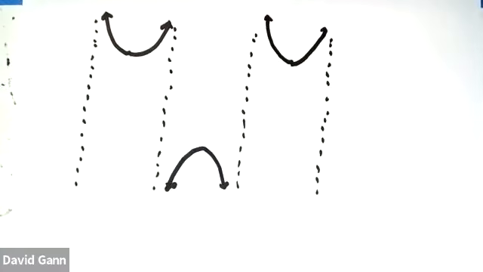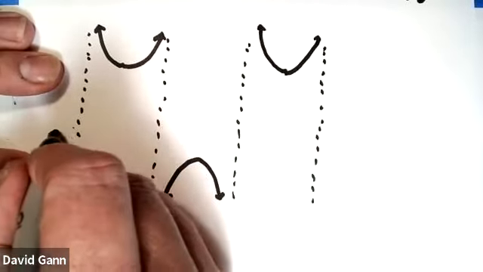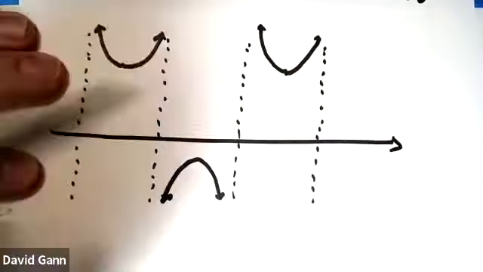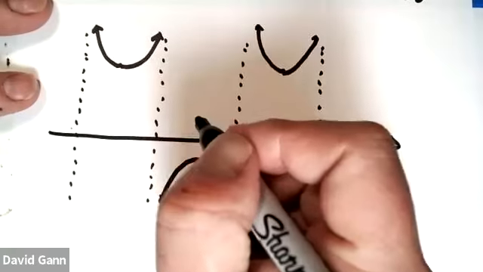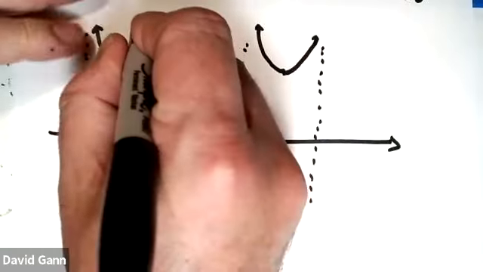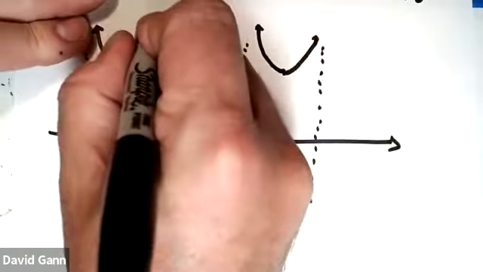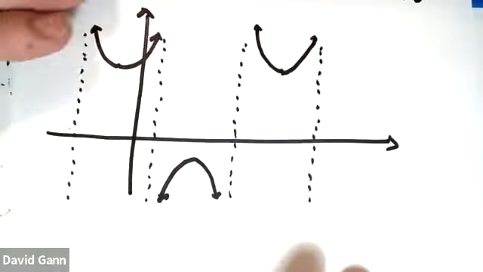Okay, then I need to put an X and Y axis in there somewhere. So let me just do this. How about my x-axis and maybe put my y-axis there.